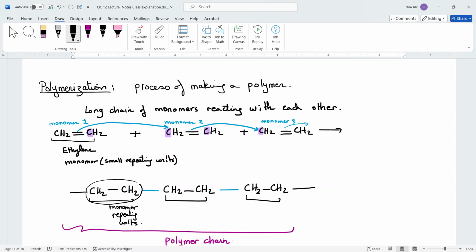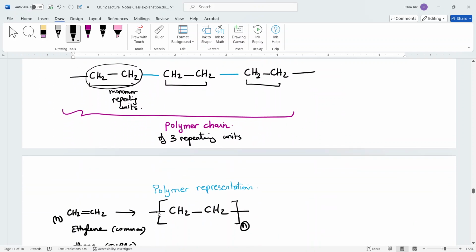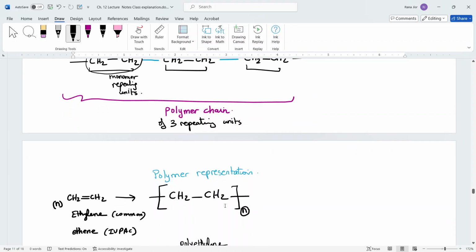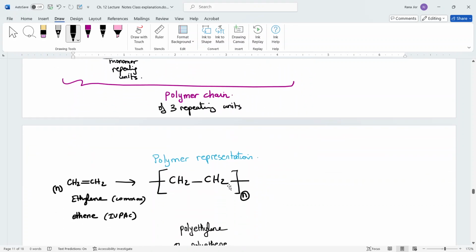So we take out the double bond of the monomer and just draw two lines in there. We draw the brackets and we put n, and this is the repeating unit of the polymer. So this is the same as that. This means that the repeating unit is repeated n times.